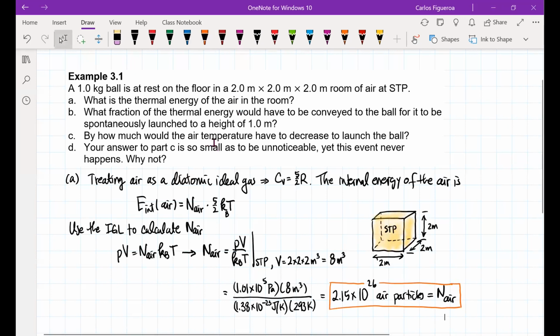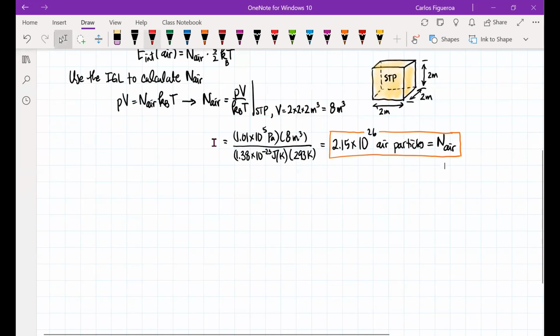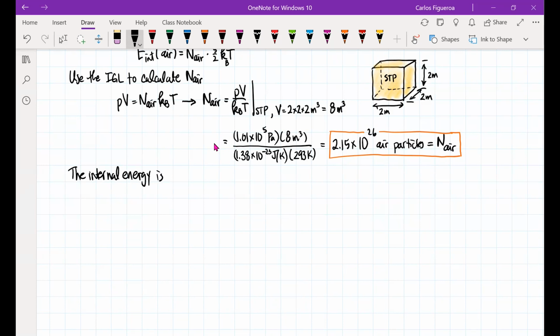So now I can use the internal energy. The internal energy is going to be N of the air times 5/2 kBT. Now, I could have done this with a lot of cancellations.